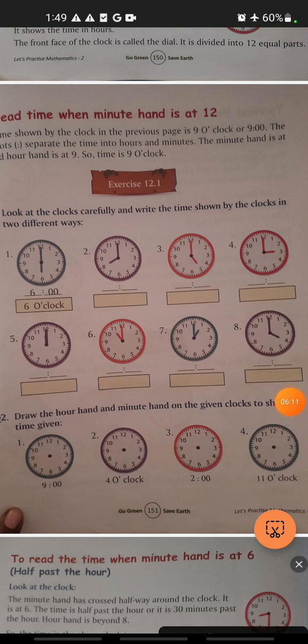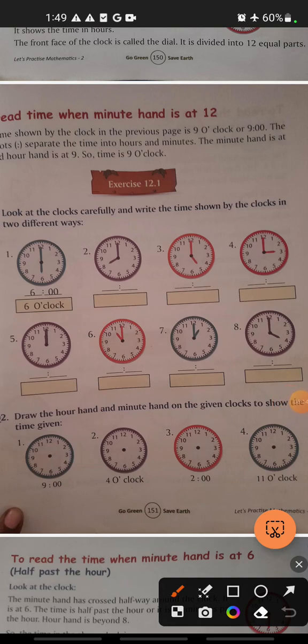So this clock shows the time 5 double dot double 0, 5 o'clock. You have to write in both ways.